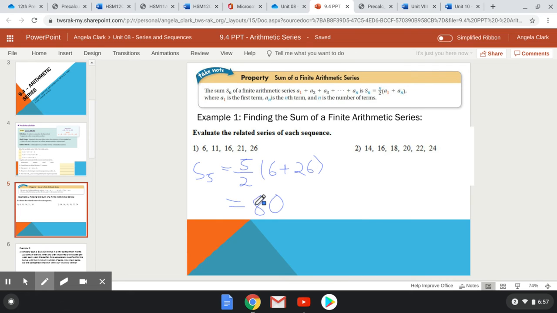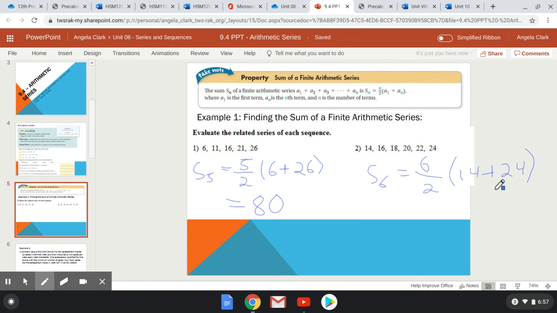All right, now let's do the second example. This time I have 6 terms. So the sum over 6 terms is the number of terms divided by 2 times the first term plus the last term. 6 terms divided by 2, first term, last term.